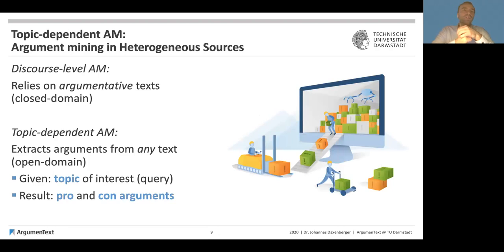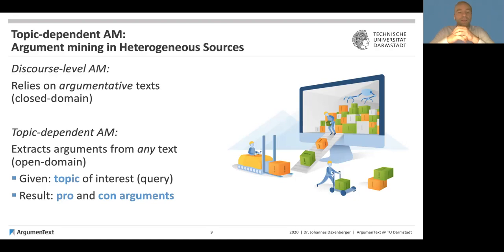Otherwise, it is really hard to actually apply such a parsing scheme. So this only works for texts that are argumentative and that kind of follow a consecutive structure in terms of the argument components. Now, as for topic-dependent argument mining, you can extract arguments from any text. This is why I refer to it as open domain.